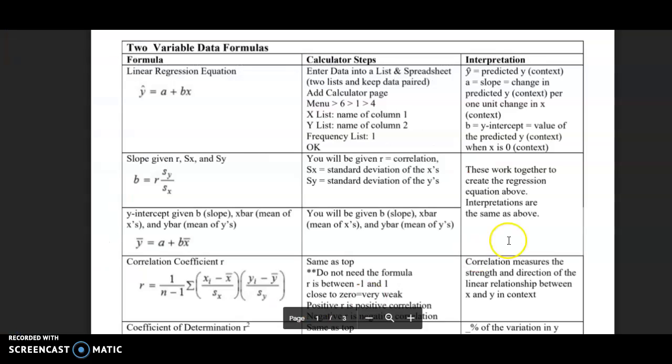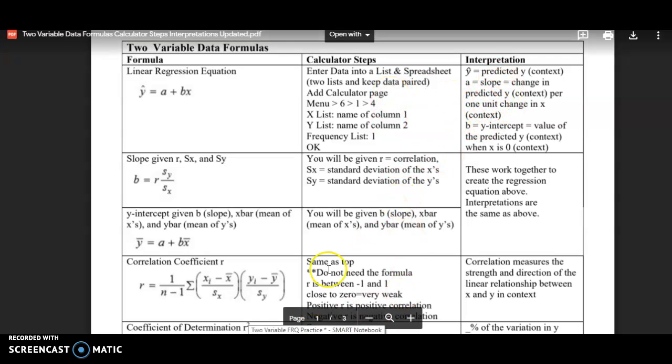And go back to my little cheat sheet that you have access to. Here for slope, change in predicted Y. So here I expect the left-hand strength to increase by 0.35 kilograms per 1 kilogram change in right-hand strength. That's how this works. And the order, you can say the change in X first or change in Y first, but as long as you're putting context into these problems, you should get full credit regardless of the order.